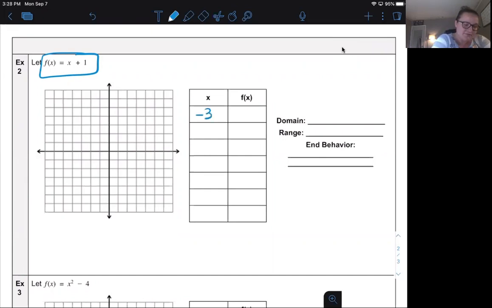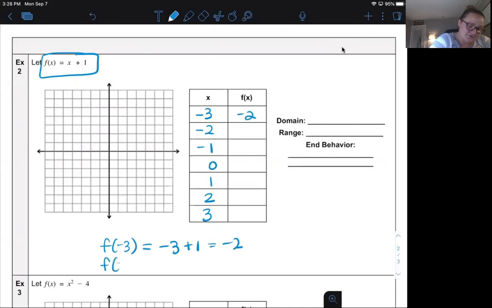So I'm going to plug in -3, -2, -1, 0, 1, 2, and 3. And the reason why I like these numbers is because it gives me a nice selection of some negatives, 0, and some positives as well. So let's plug in -3. So f of -3 is equal to -3 plus 1, which is -2. F of -2 would be -2 plus 1, which is -1.